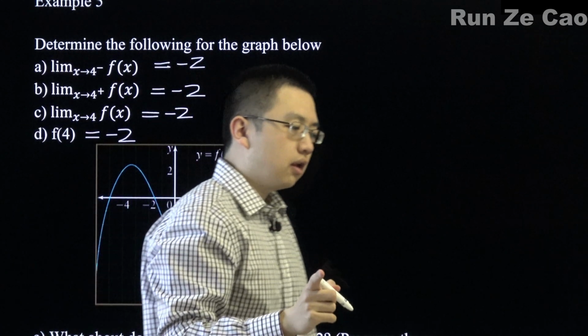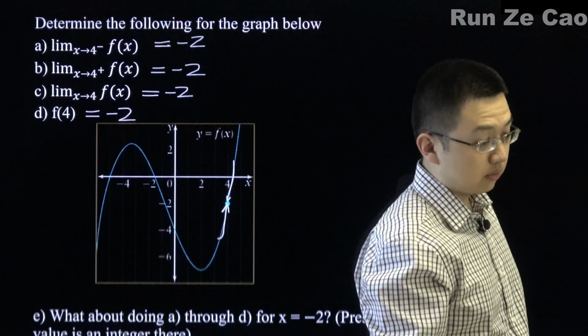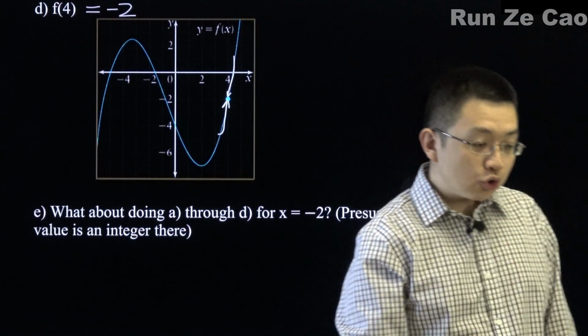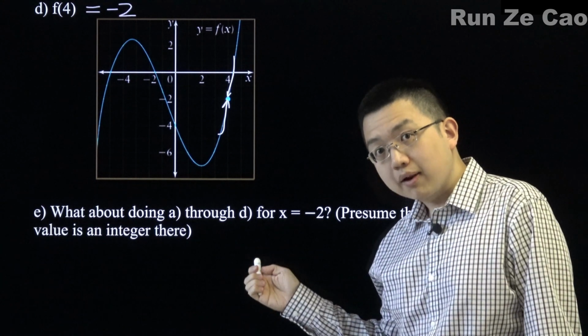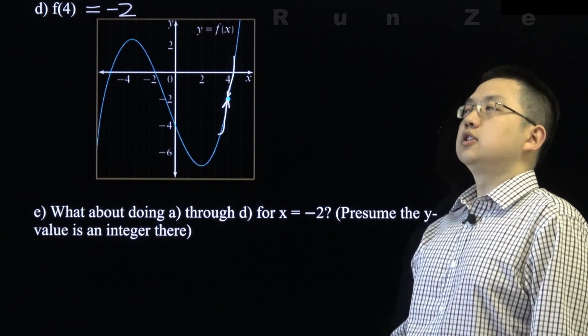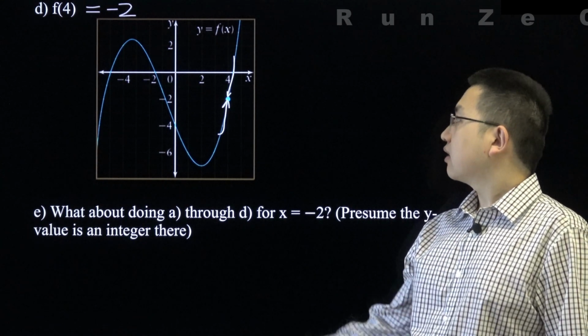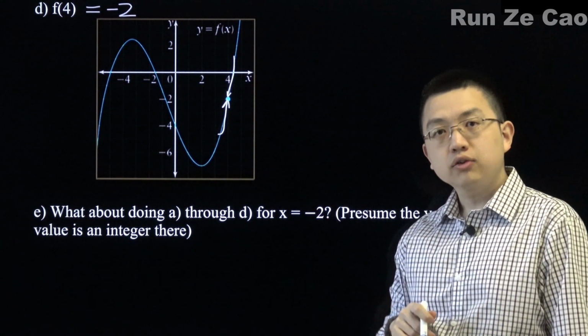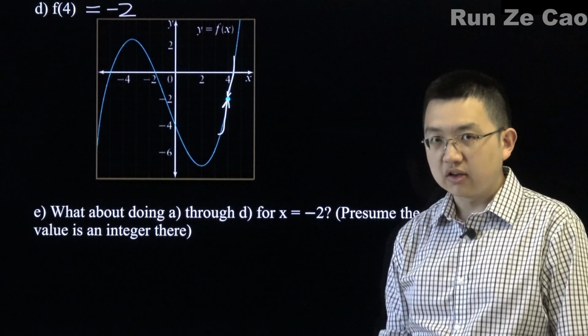Now let's try this for x equals negative 2. We're presuming, according to the problem, that the y value is an integer there. Just looking at graphs, unless the points are specifically marked out, is very hazardous business.